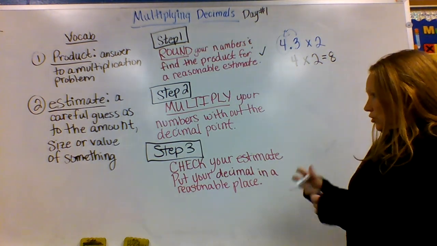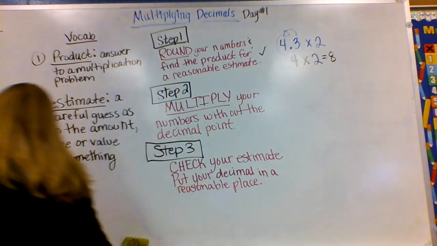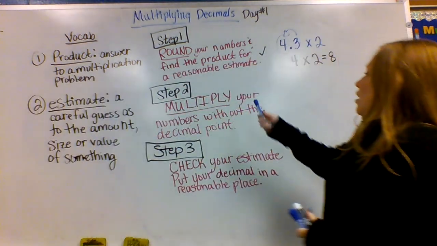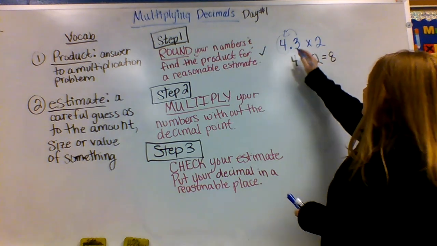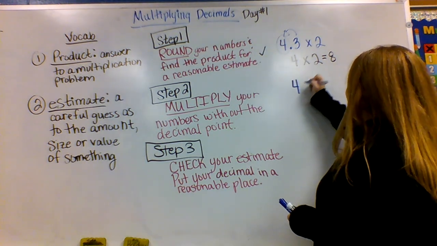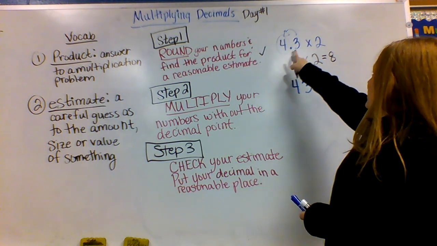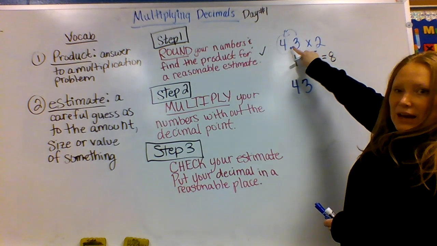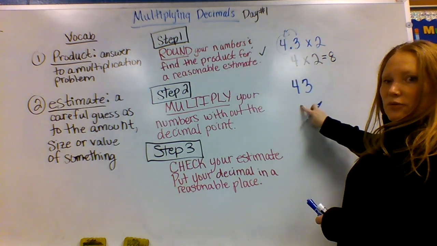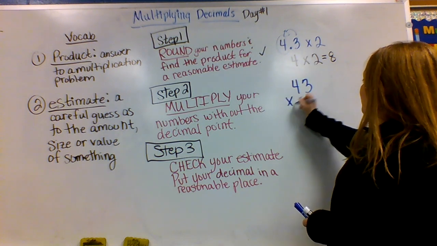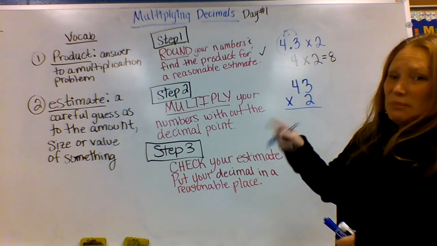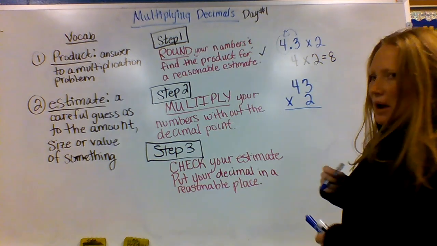So step 2 is going to be multiply your numbers without the decimal point. So we need to take that original problem. So 4 3/10. If I pretend to take out that decimal, it ends up looking like 43. Let's say I do 43 times 2, because we're going to end up putting the decimal back in. Okay?